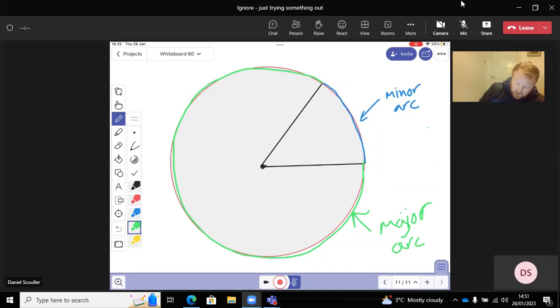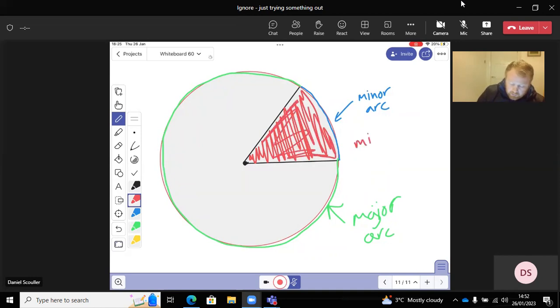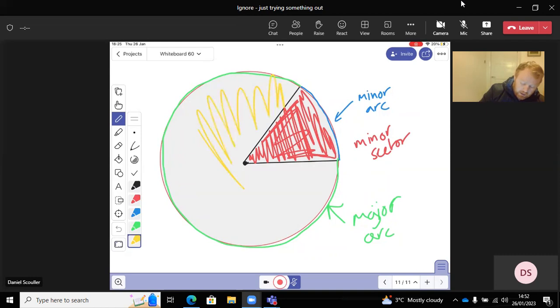When they're talking about sectors, they're talking about areas. So that's why it's sector over the area, so sector over pi r squared. Along the same lines as the arcs, that area inside there would be the minor sector, and you've probably guessed it, the rest of that area would be the major sector.